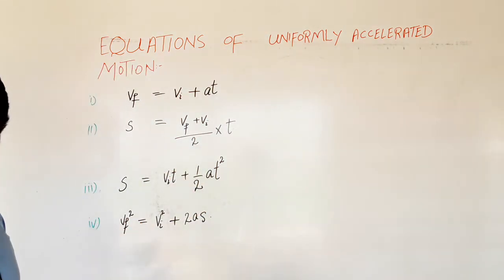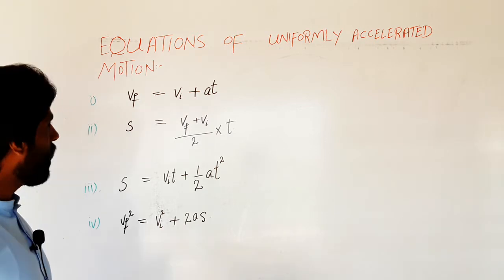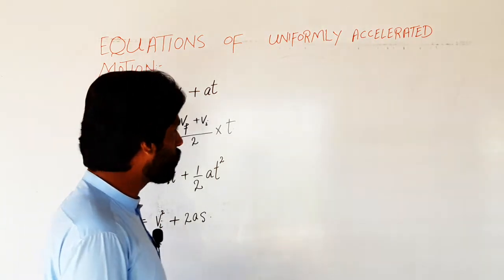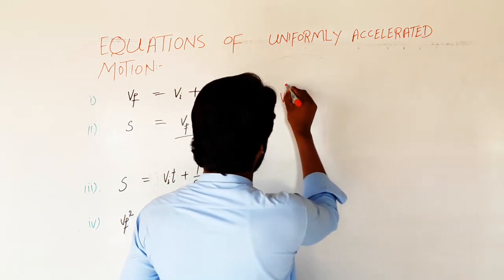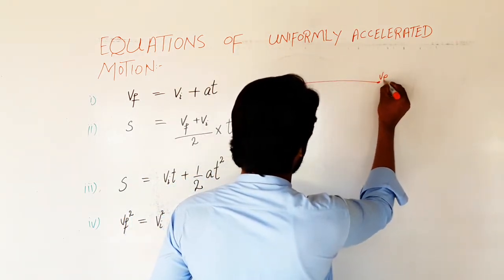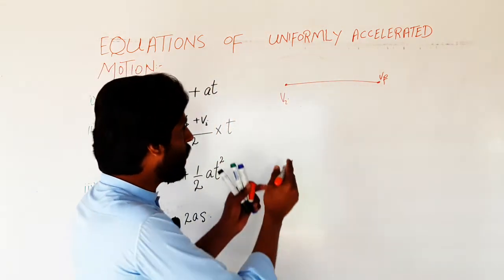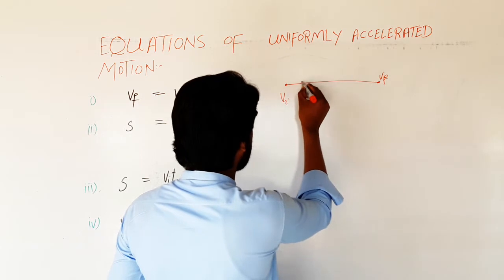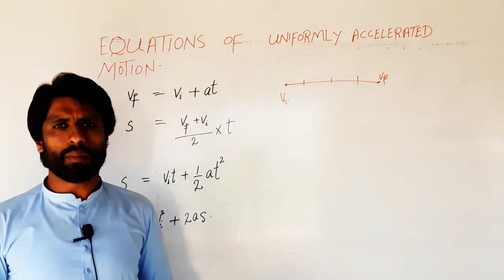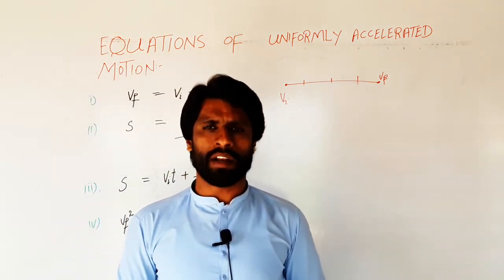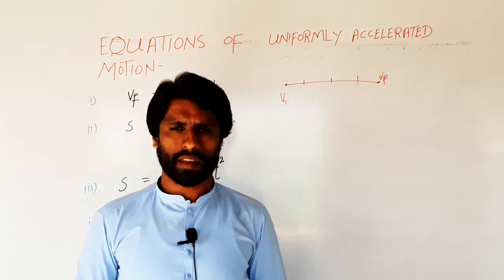We will try to understand Vf is equal to Vi plus At. In this condition, an object is moving at the initial point with velocity Vi, and at the final point with velocity Vf, with a change in velocity. We discuss uniformly accelerated motion, meaning when an object is moving with uniform acceleration.